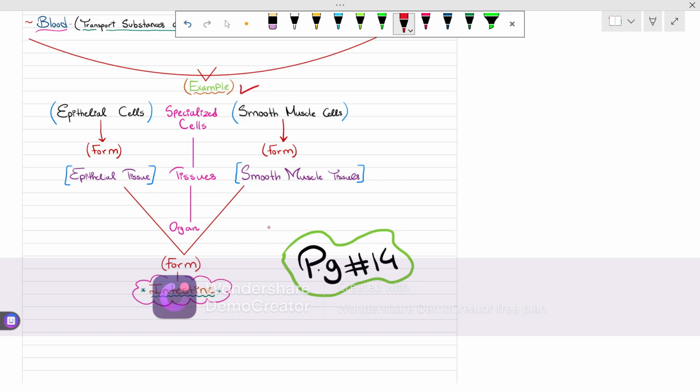Epithelial cells combine together to form epithelial tissue. Smooth muscle cells combine together to form smooth muscle tissue. These two tissues combine together to give the organ intestine. We'll study about this in chapter 7 about human nutrition.